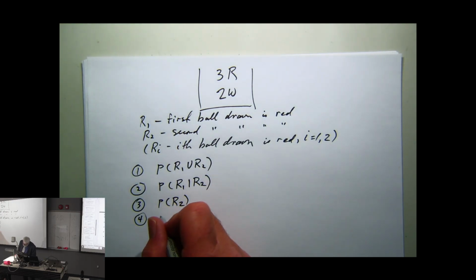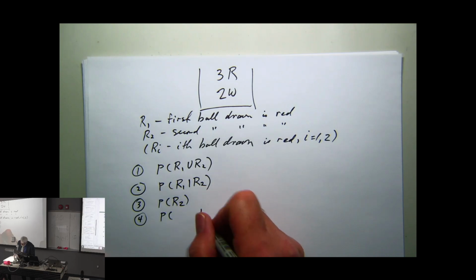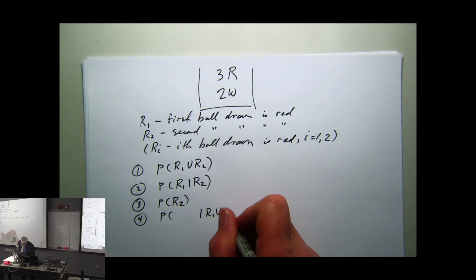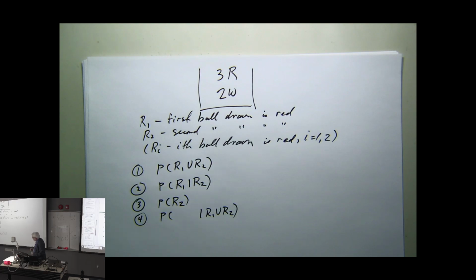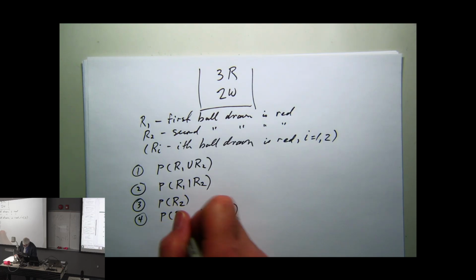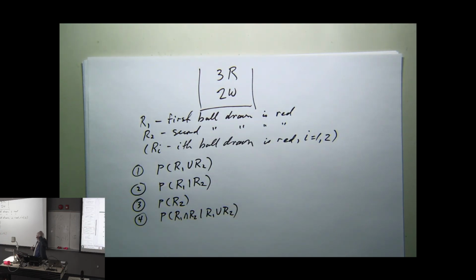Thinking of that in terms of notation, it's known that at least one ball drawn is red. Well, that was R1 union R2. So I've got the condition that we know at least one ball drawn is red. And then we ask, what is the probability that both balls are red? And so that's R1 intersect R2.